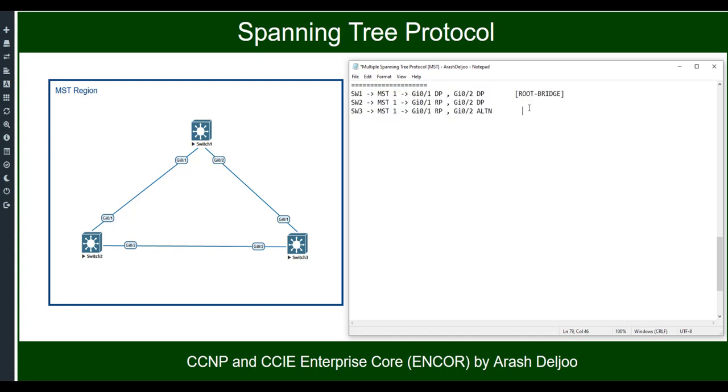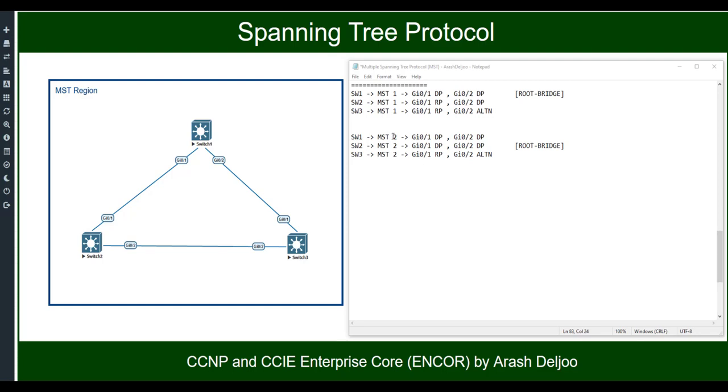In MST instance 2, let me show you. You know that the root bridge is switch 2. Because of that, in MST2, both interfaces of switch 2 are designated ports. This is a designated port, and Gigabit 0/2 is another designated port. It is so easy.